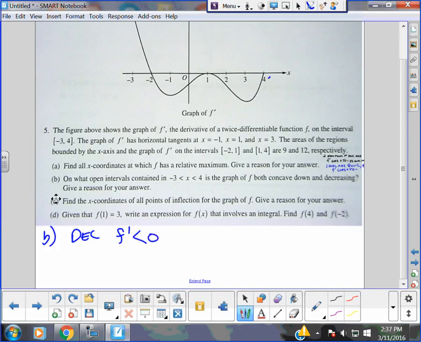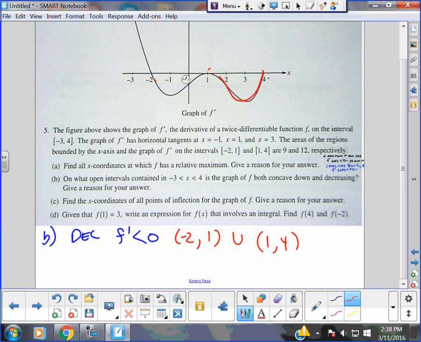You write that reason: a negative derivative is decreasing. And then this is the hard part again. You recognize this is a graph of f prime, so where is this graph negative? It's negative from -2 to 1, open interval, and 1 to 4.